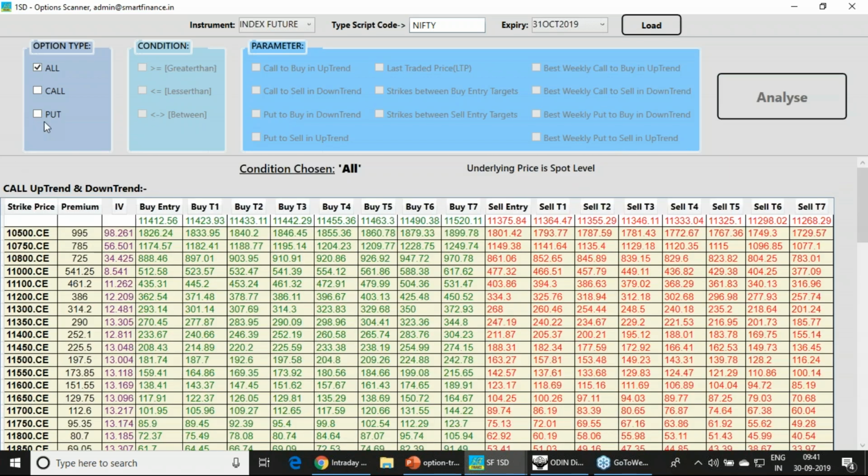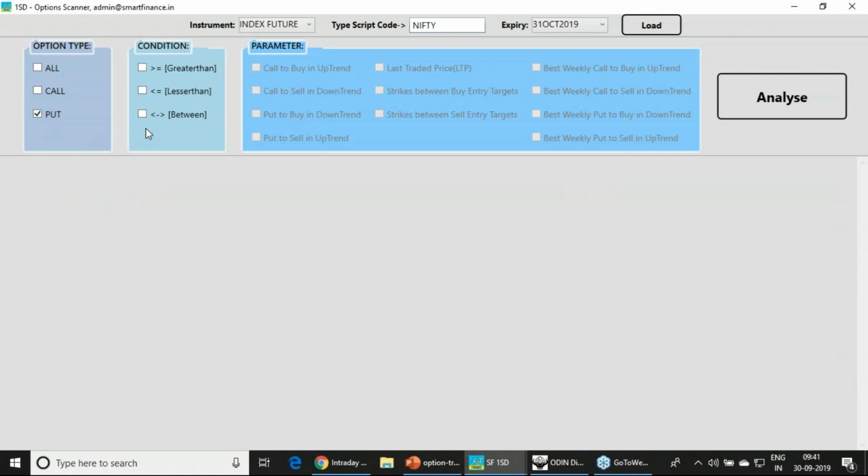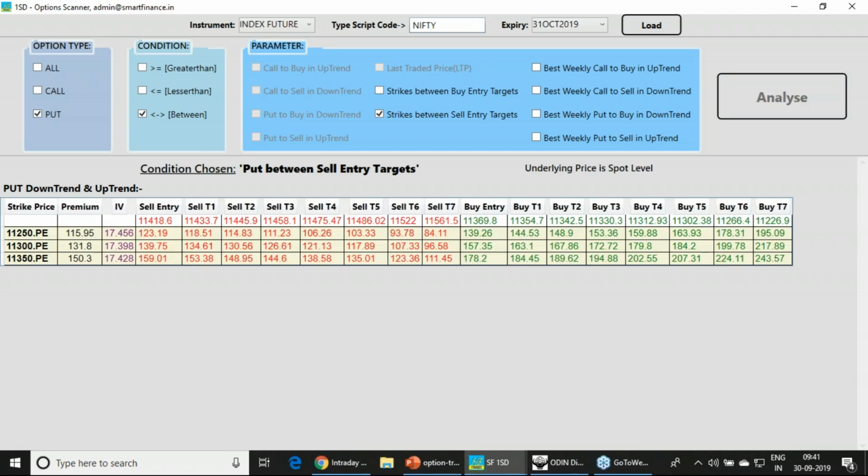Now I am going for, say, put options. So I have three options here: one is greater than, another is less than, and another is between. So here I want to buy the strikes between sell entry and targets. Today, which strikes are coming between the sell entry and targets?